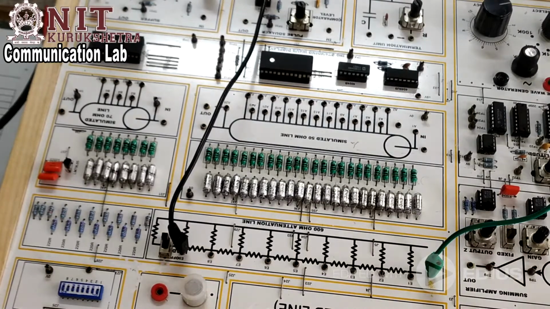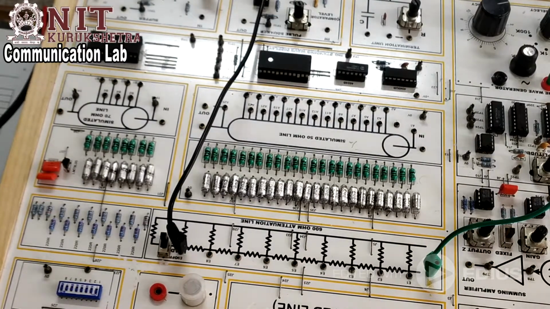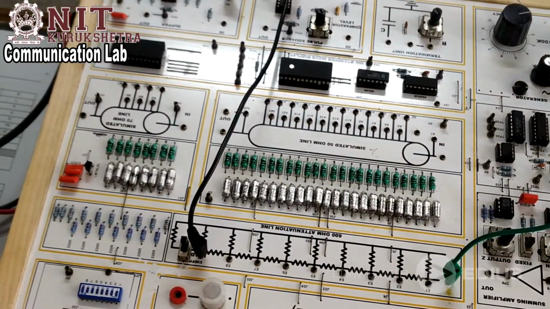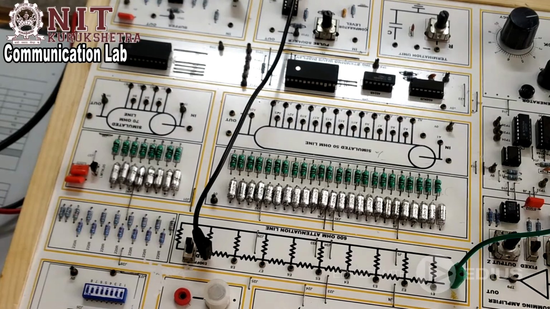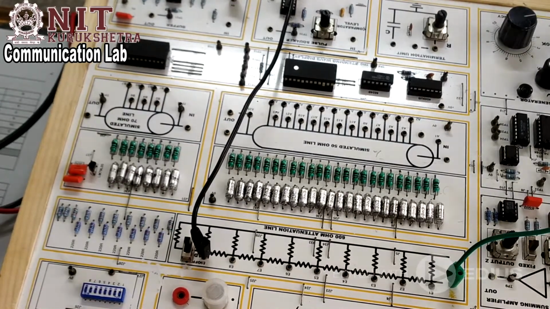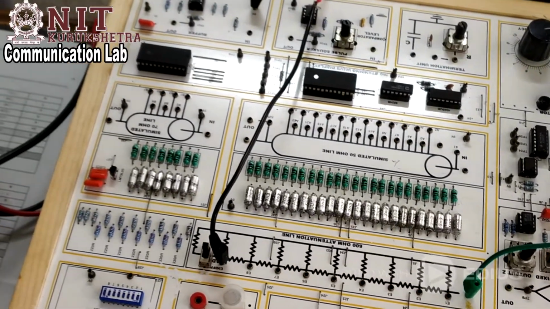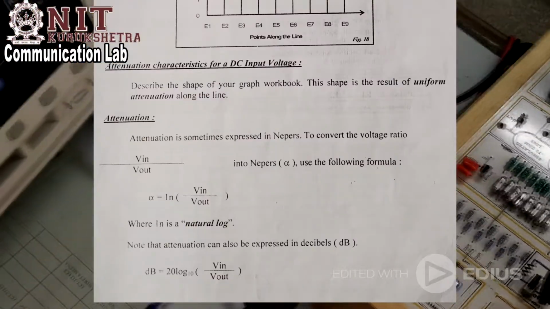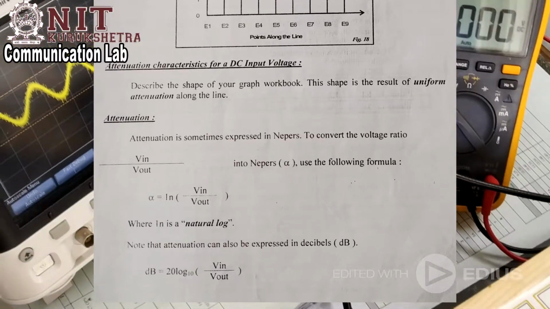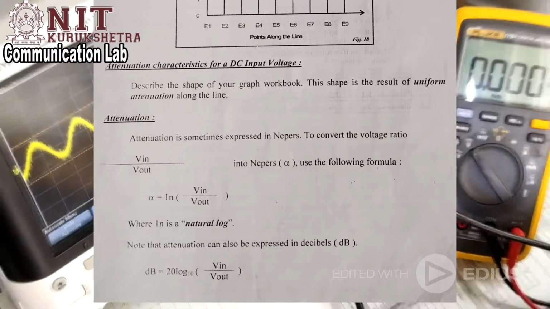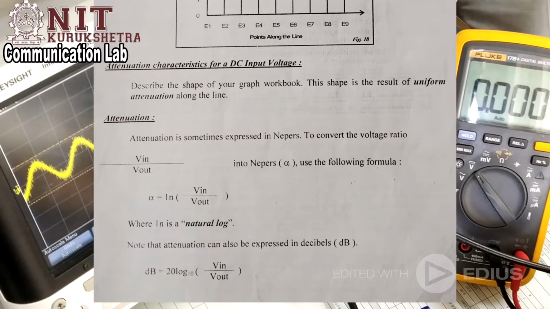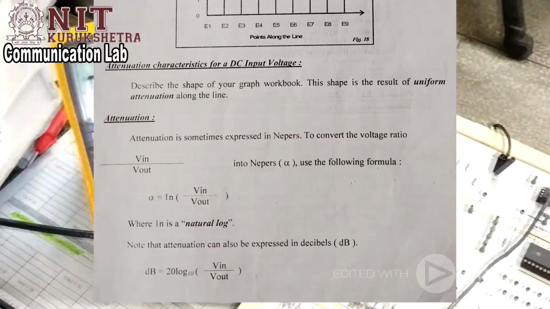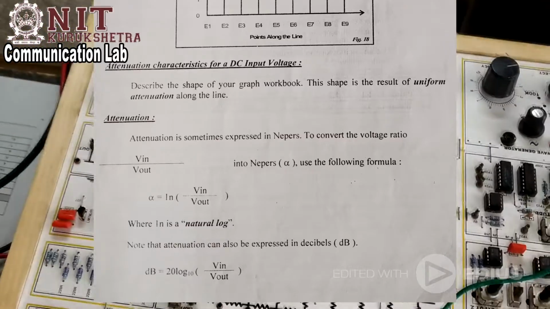Now you shall determine the attenuation characteristics of this transmission line. For attenuation, you will use this formula; refer to your manual page 13. You shall determine V in by V out. Attenuation is determined in Nepers as well as in dBs. For Neper, attenuation alpha equals log of V in by V out, where the log base is e, that is natural log.